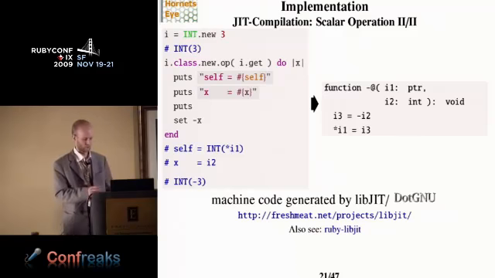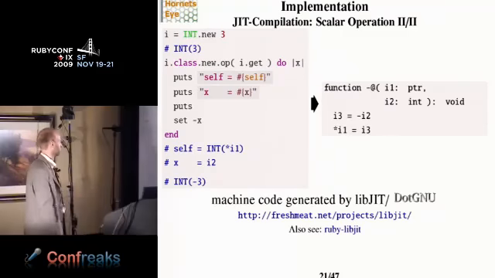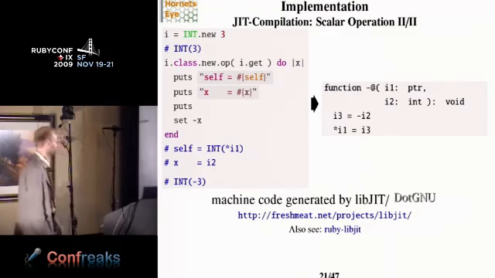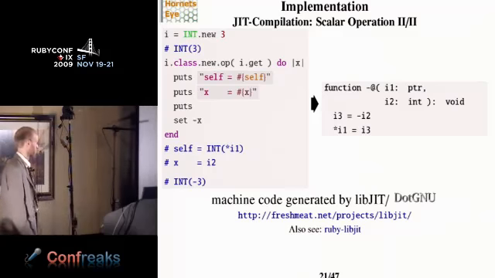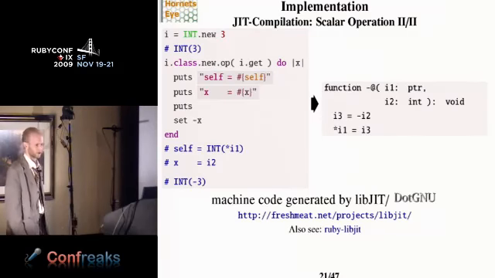And when you do set minus x with these variables, then instead of doing computations, it will generate machine code. So it will generate code for negating and writing the value to a new register, and then code for writing the value of that register to the memory location I1 is pointing at. And this is actually inspired by ruby-libjit, which is another project using the libjit library.